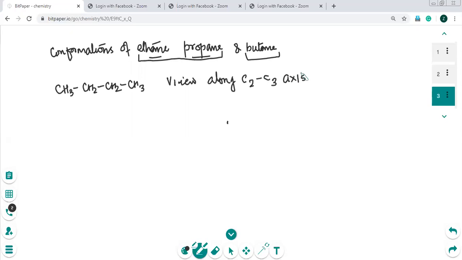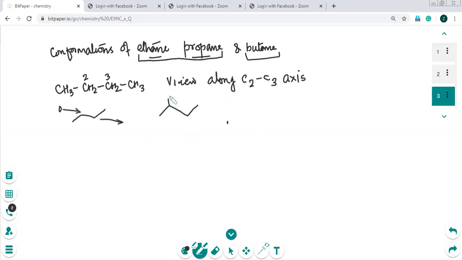What is the meaning? This is the second carbon, this is the third carbon. So you have to view the molecule from here along this. That means your eye should be kept here, and view it. So if I do that, how will I draw the molecule?